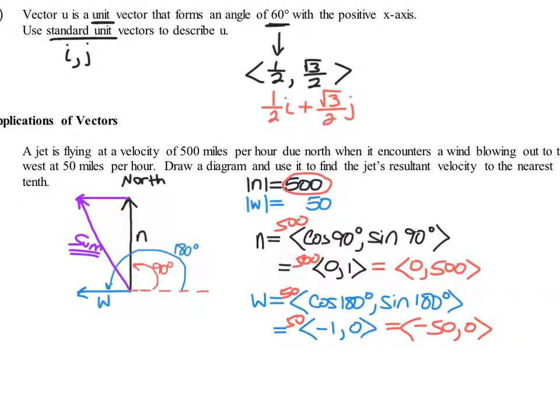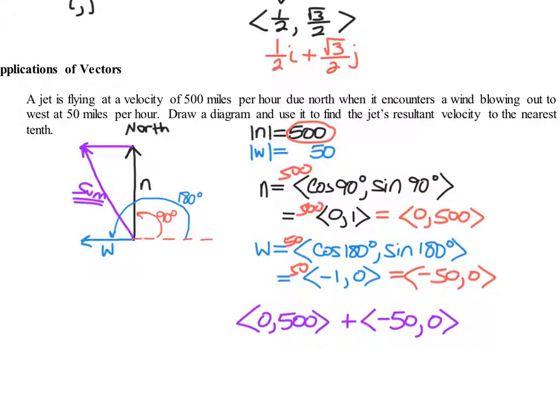All right, so if we're looking for the sum of the two vectors, I'm looking to add 0, 500, and negative 50, 0. And this is what I was talking about before, where we're not simply doing the Pythagorean theorem, but we are kind of, because it works its way into the solution of the problem, because when you find the magnitude of a vector, that's in fact what you are doing.